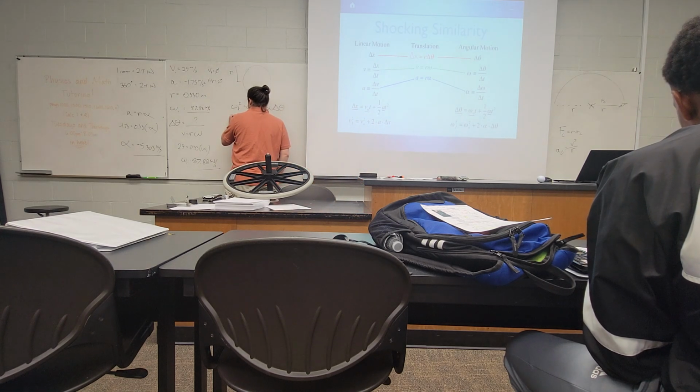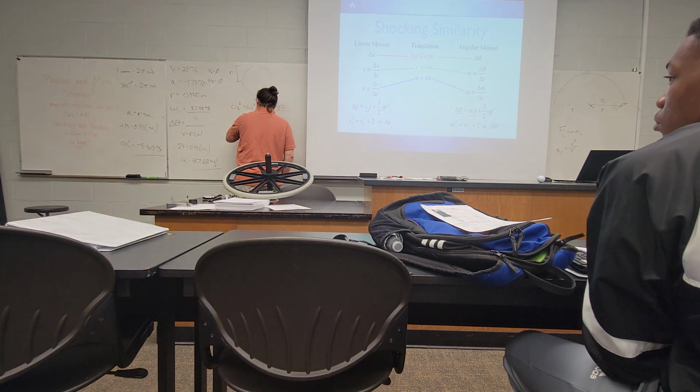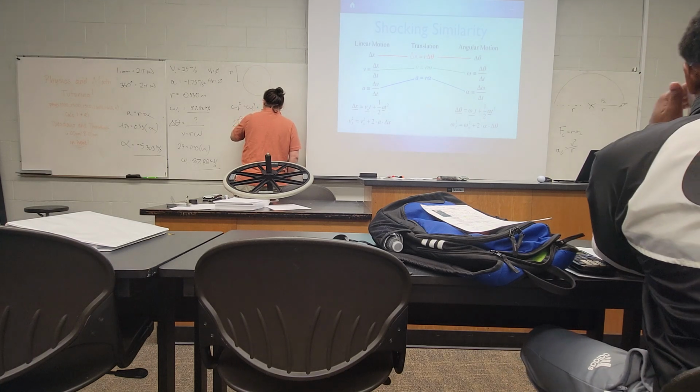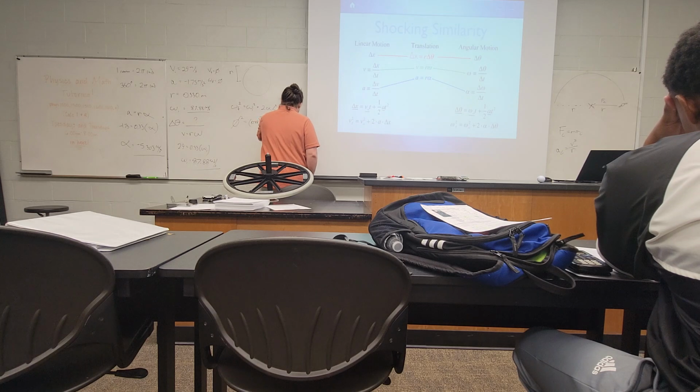So omega final, 0, 0 squared is still 0. Omega initial we determined to be 87.88, squared, plus 2 times our negative acceleration times delta theta.